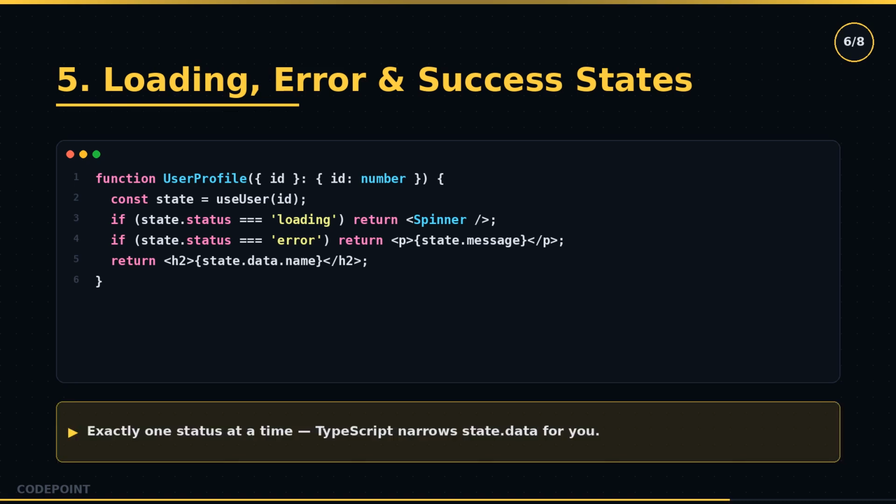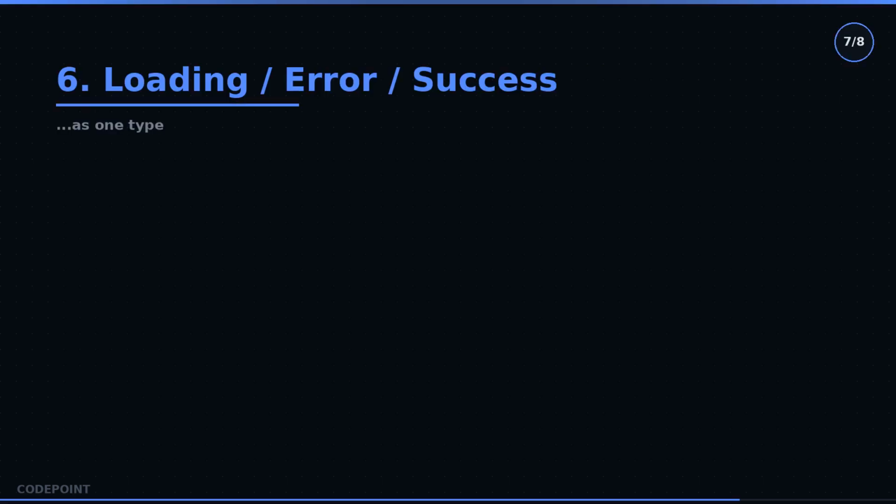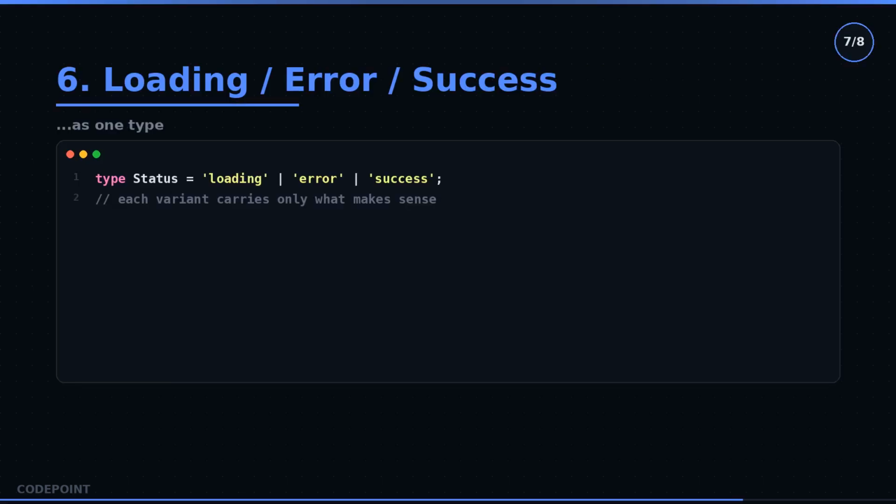No optional chaining needed. Return h2 state.data.name. This is the same trick from the card component a few videos back. Check the status field, and TypeScript automatically narrows the rest of the object. No data?.name, just state.data.name, safely.